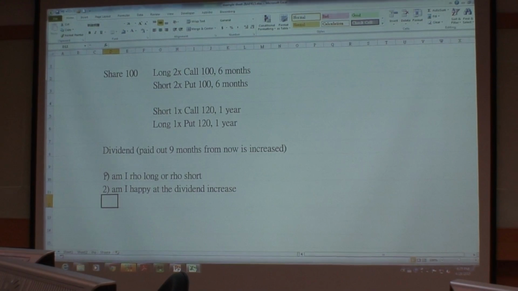So how do we solve this? The first part is I want to calculate my rho. I'm long 2 times a 6-month reversal, and I'm actually short 1 times a 1 year conversion.